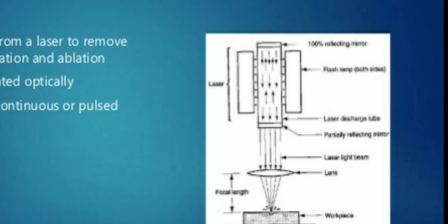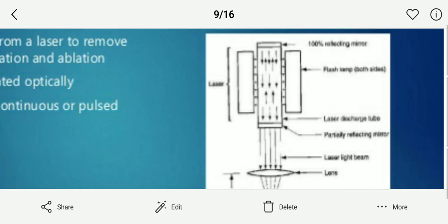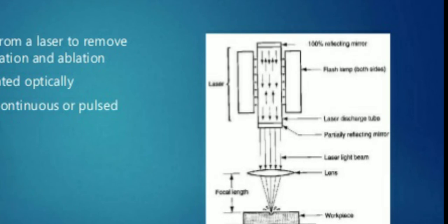Above the laser material and below the laser material two mirrors are placed. On top of the laser material you can see a 100% reflecting mirror, and at the bottom of the laser material a partially reflecting mirror is placed.